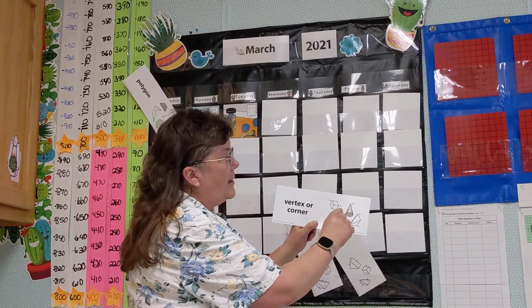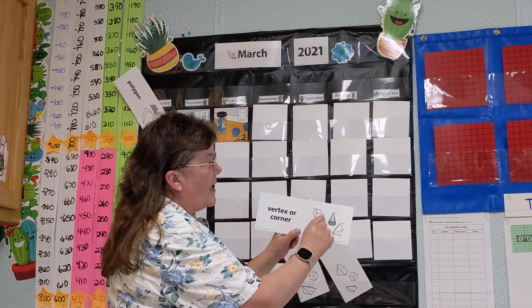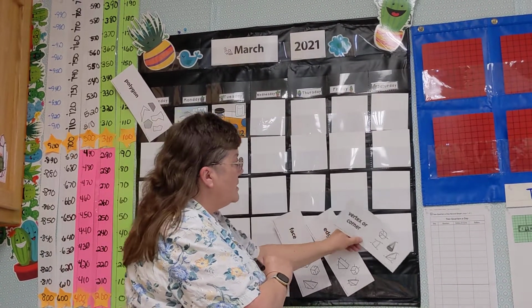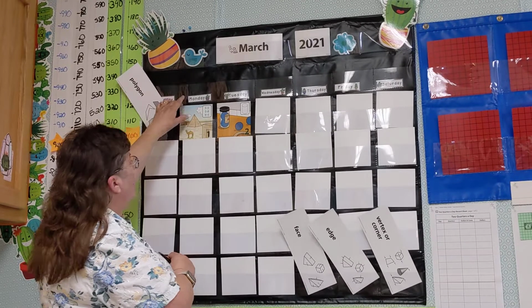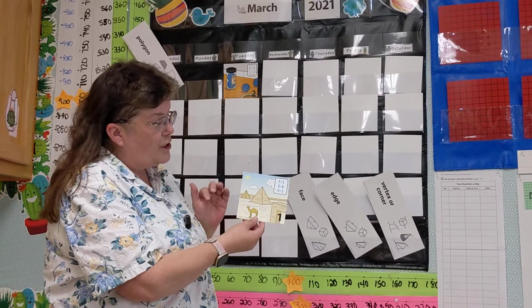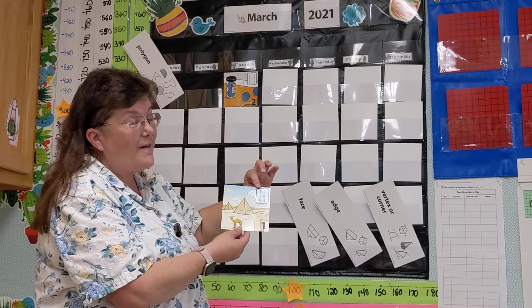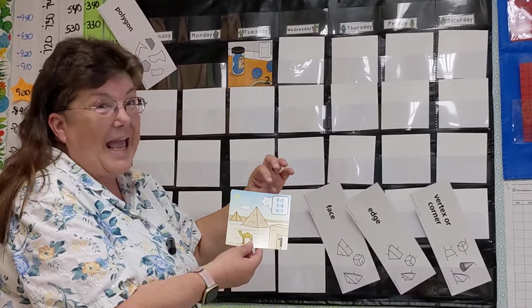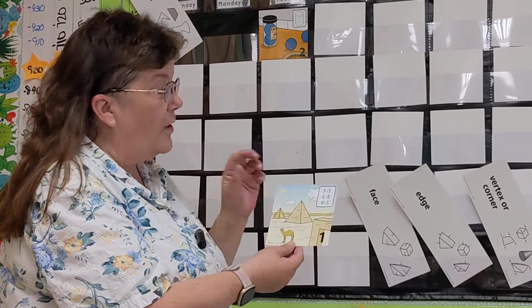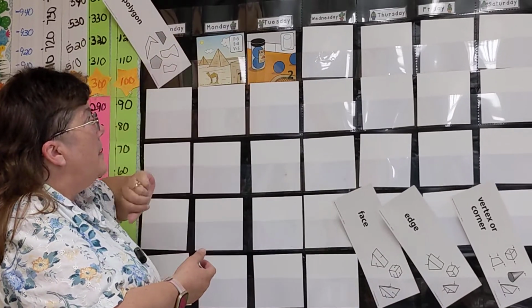So where they come together, that's the vertex or the corner.